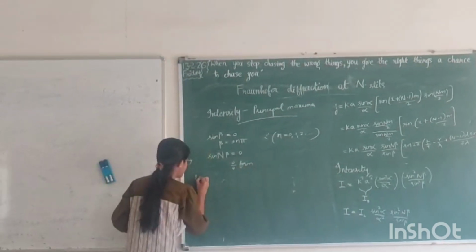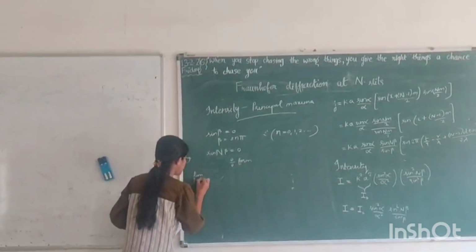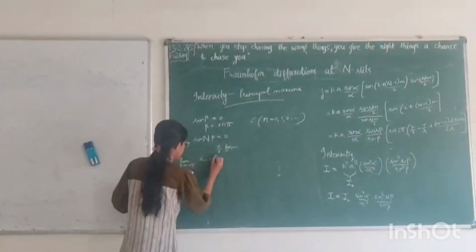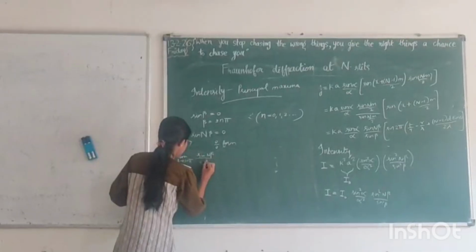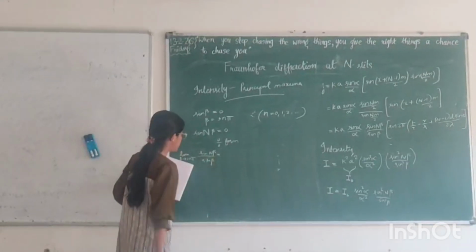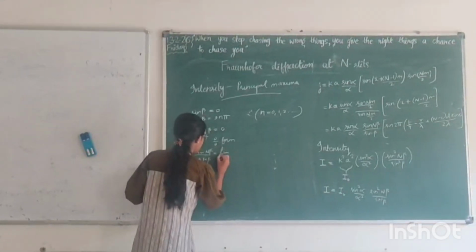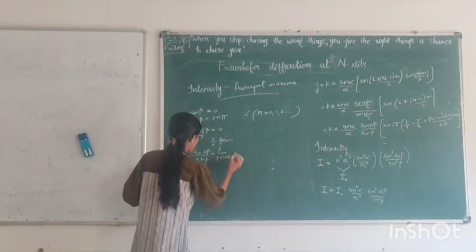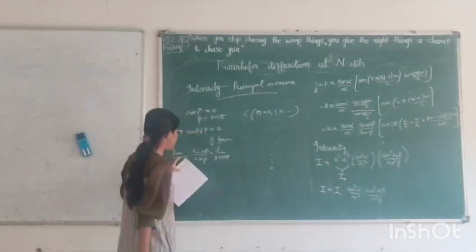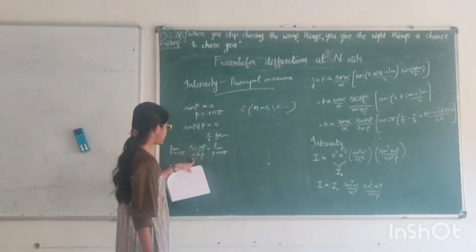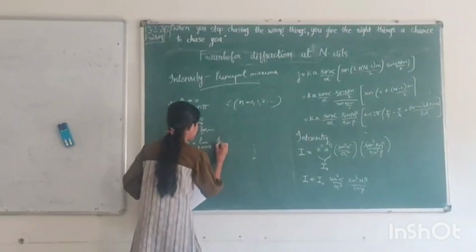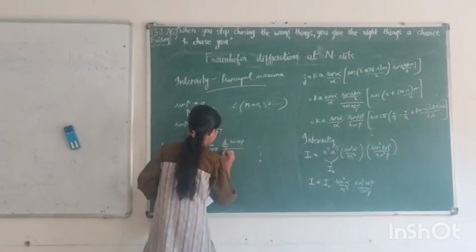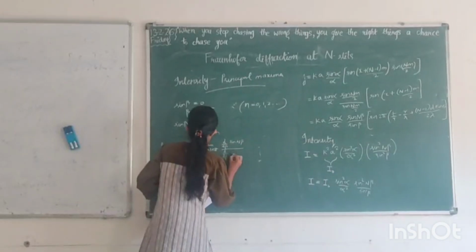So the limit as beta tends to plus or minus n pi of sin n beta by sin beta will be the limit as beta tends to plus or minus n pi. Take the derivatives of numerator and denominator: d by d beta of sin n beta by d by d beta of sin beta.